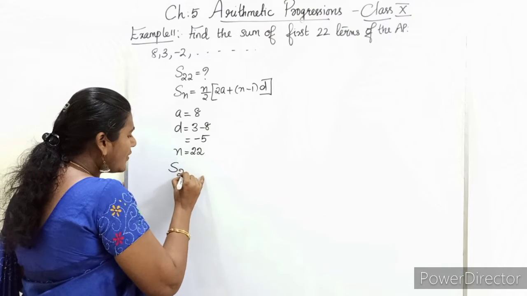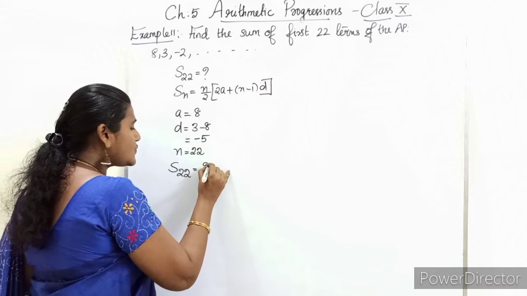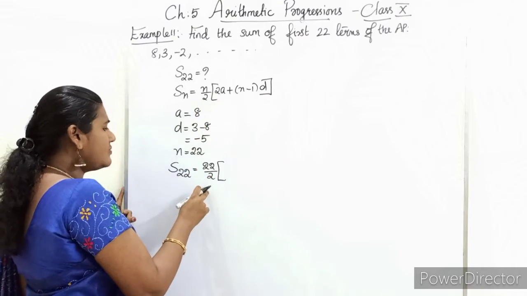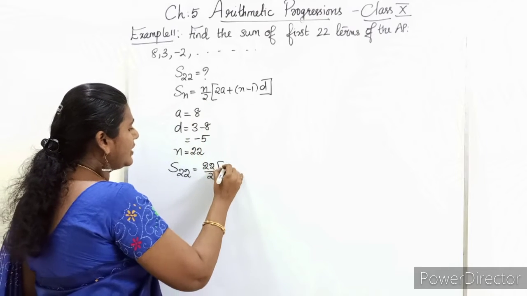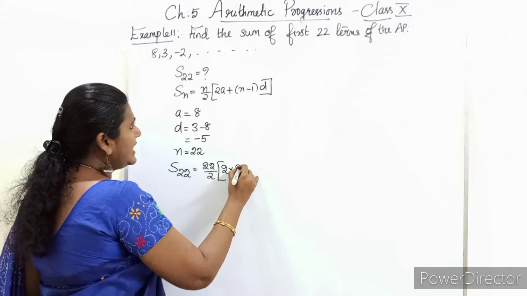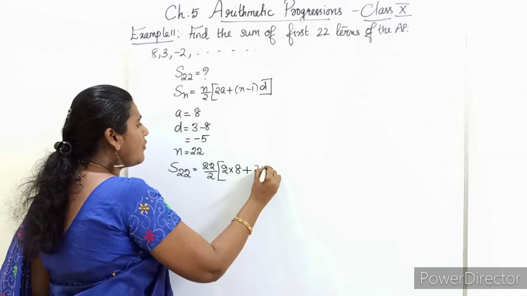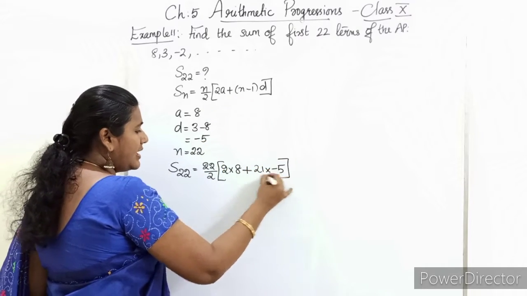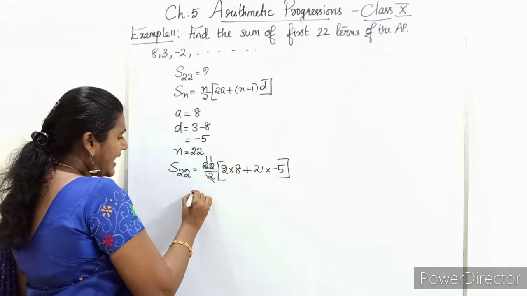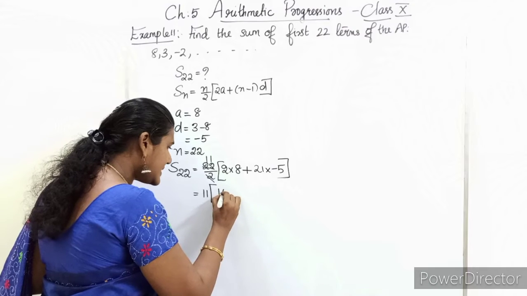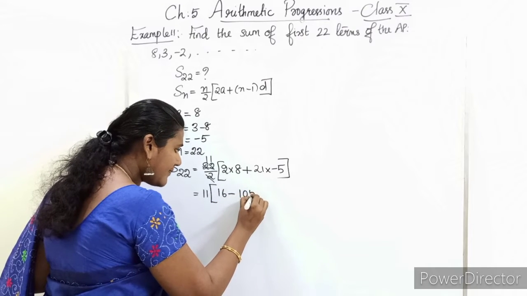Now we will find S22. That is 22 by 2 into, substituting in this formula, 2 into 8 plus 22 minus 1, that is 21 into minus 5. Now we will simplify this. We can cancel, so you will get 11 into 16 minus 105.